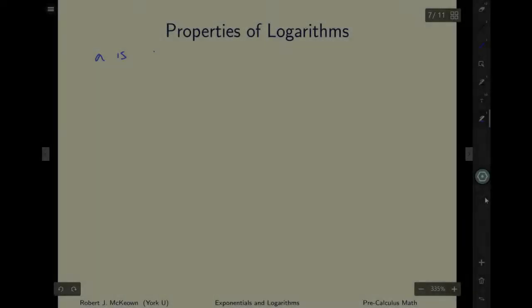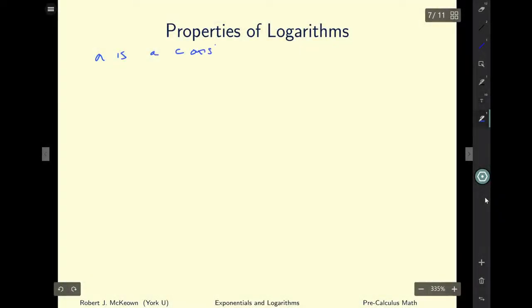A is a constant, B is a constant, and C is a constant.